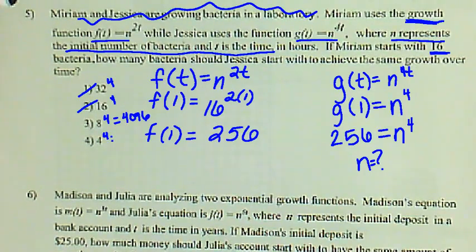Okay, and this one, if you haven't realized, is the correct answer. You could also, but we haven't talked about this, if you want to take the 4th root of 256, you can, but how about we leave that for Algebra 2? Okay, so again, I want to know what n should be in order for Miriam and Jessica to be working at the same rate.